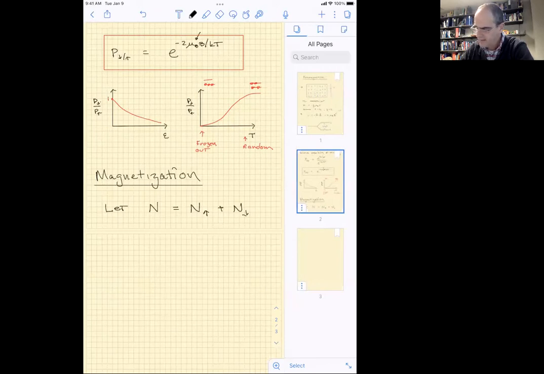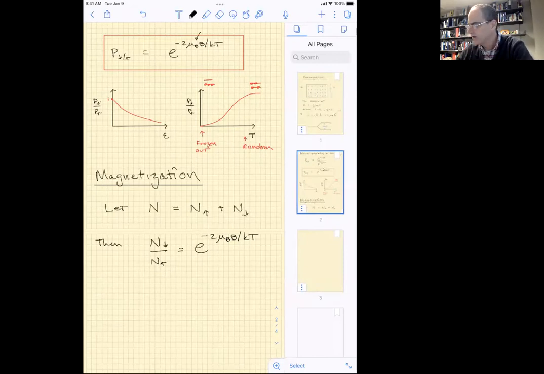If this is a large number, then the ratio of the number spin down over the number spin up will just be given by this Boltzmann factor, e to the minus 2 mu B over kT. Because the number will be so large that just the probabilities will describe the result.